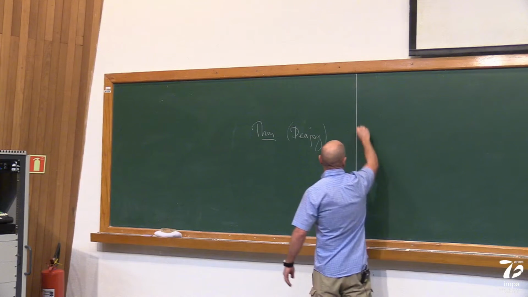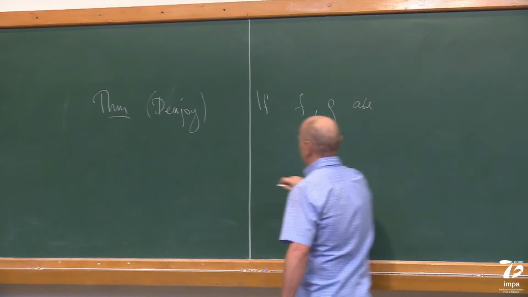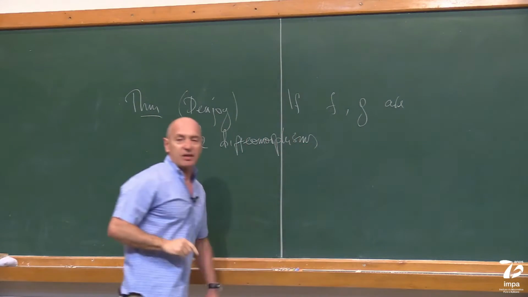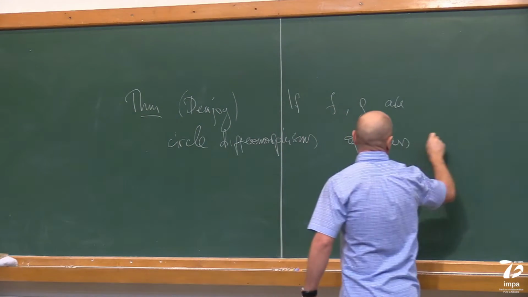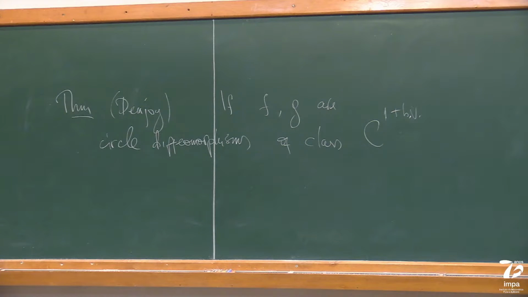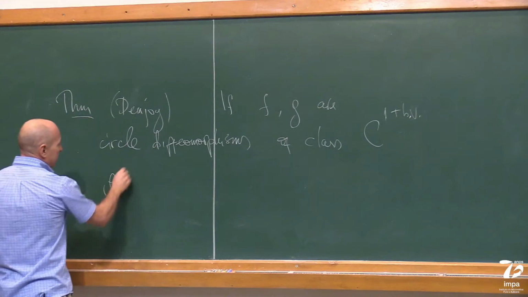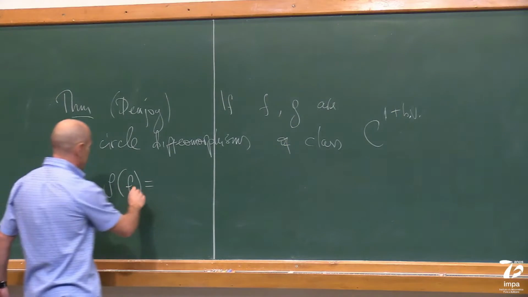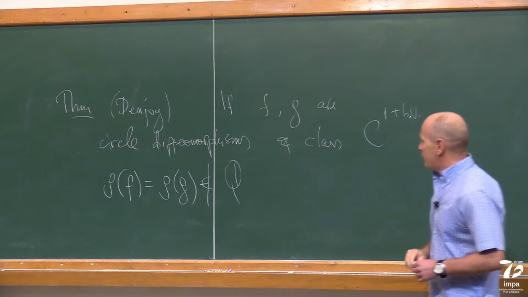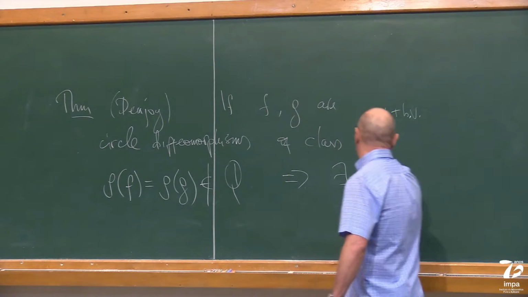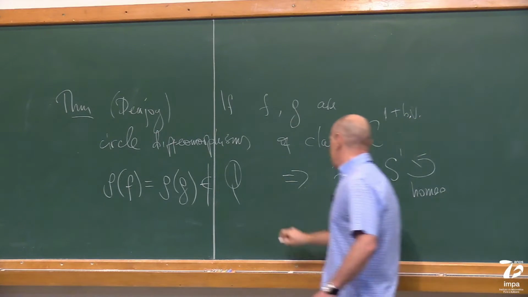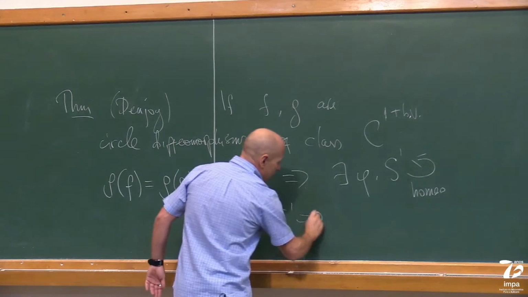It states the following: if f and g are circle diffeomorphisms which are slightly better than C^1, they're C^1 plus bounded variation, so their derivatives have bounded variation, and their rotation numbers are the same irrational, so rho of f is equal to rho of g and is irrational, then there exists phi from the circle to itself, which is a homeomorphism, which conjugates the two. So this is an example of a rigidity theorem.